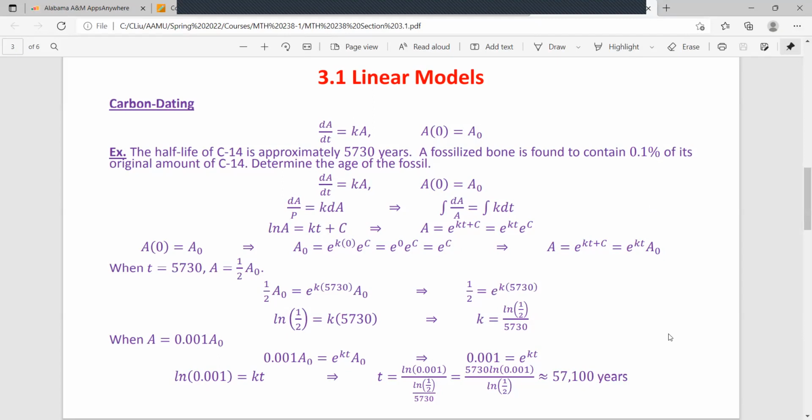So this problem is pretty much like the previous example. We just did everything in the same way. All right. So that's how you determine the age of a fossil in geology.